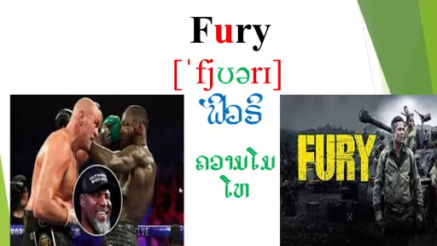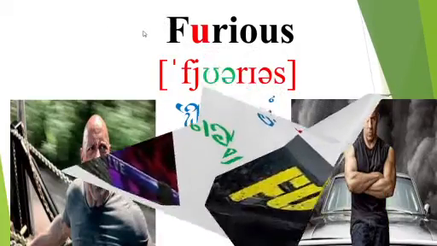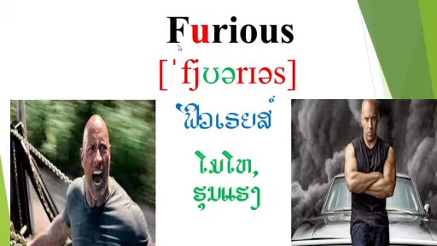You see from the picture they fight each other by boxing. Next, it is the same, different. Read together: furious, meaning in Lao angry. Maybe you have seen the film Furious, you can see the two actors.